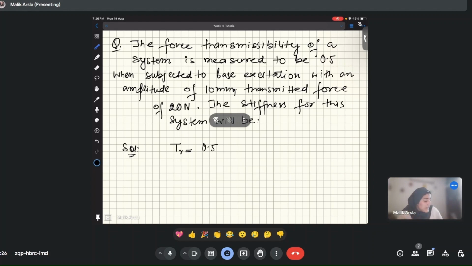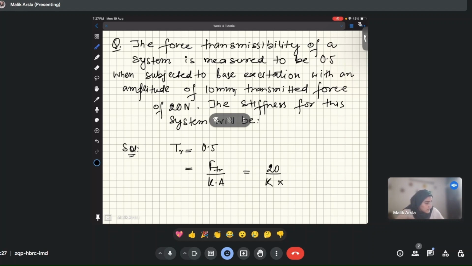So you can simply write force transmissibility as FTR upon, like, this is another formula in the same sense as Amit said. It will be K into amplitude of the base excitation, which is basically Y here. So you can simply write the transmitted force here, which is 20 upon K into amplitude, and K we have to find.